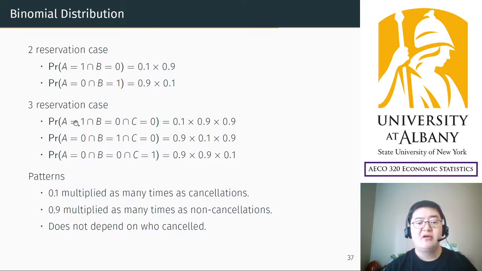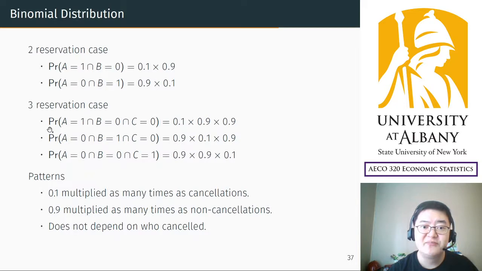Then what you can observe from these probabilities is that first, 0.1 is multiplied as many times as cancellations, because 0.1 is the probability of cancellation. So 0.1 here is coming from A equals 1.